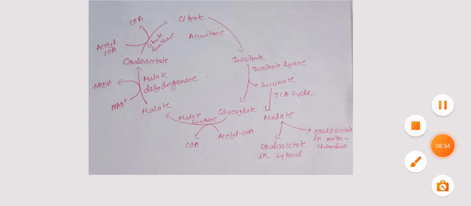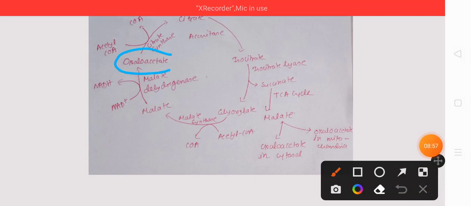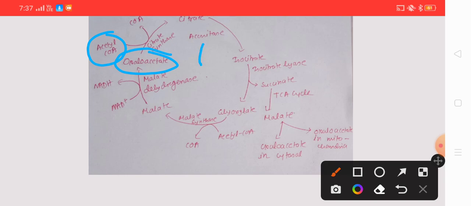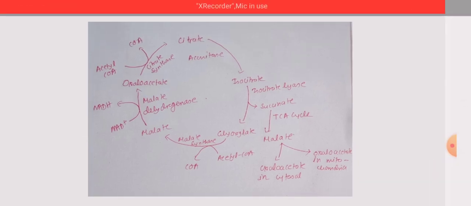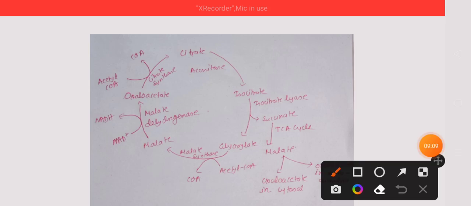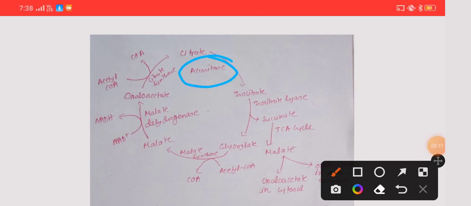So for a quick recap, this glyoxysomal oxaloacetate will condense with acetyl CoA in the presence of citrate synthase, giving us citrate. Now this citrate will isomerize with the help of the enzyme aconitase, giving us isocitrate. Now this isocitrate will be cleaved by isocitrate lyase, and succinate will be liberated and glyoxylate will be created.